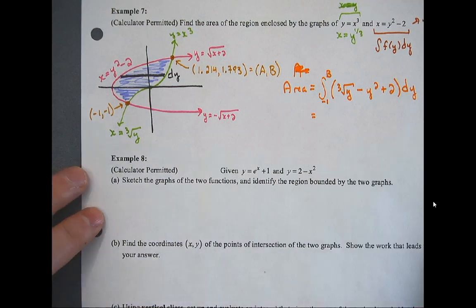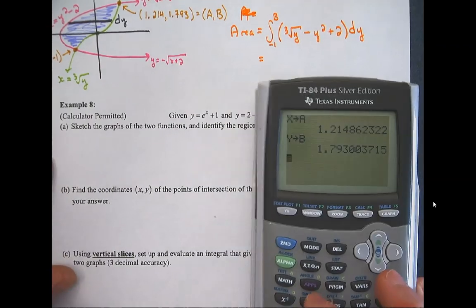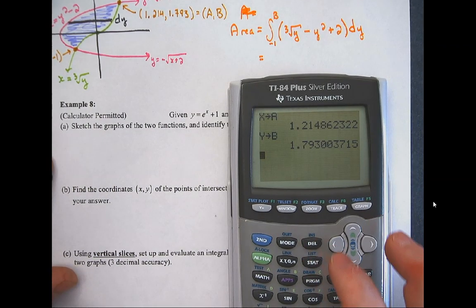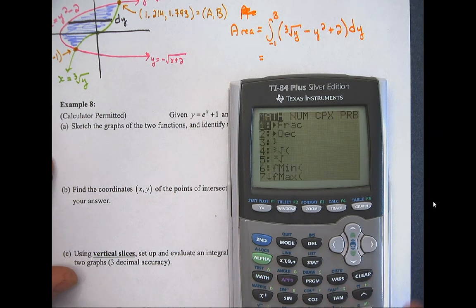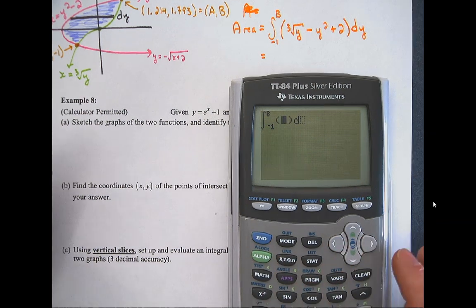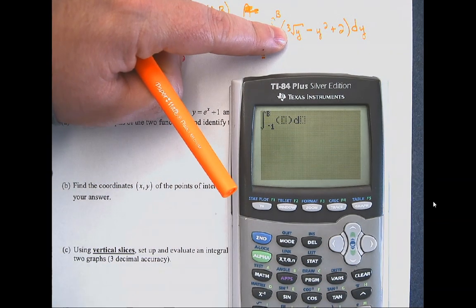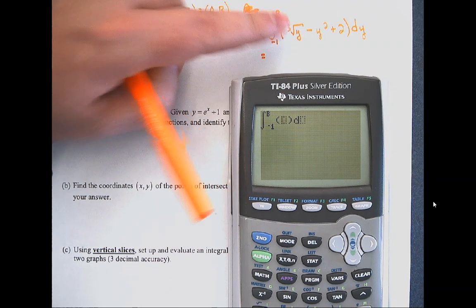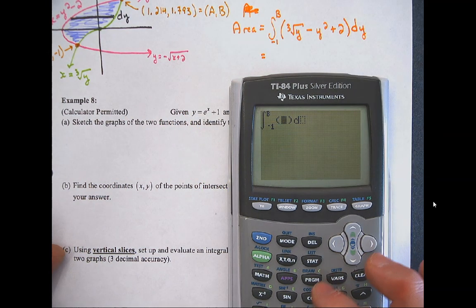All right, so let's see now. So I'm going to integrate math 9 from -1 until b. Okay, now these are y's here. You can put them in as y's if you want, or you could put them in as x's. It'll give you the same result either way. I'm going to put them in there as x's.